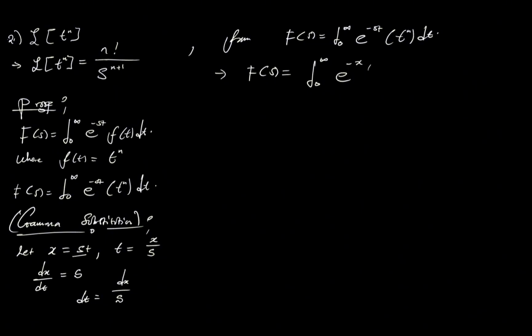Then remember t is equal to x over s, so t to the power n is x over s to the power n, and dt is now equal to dx over s.